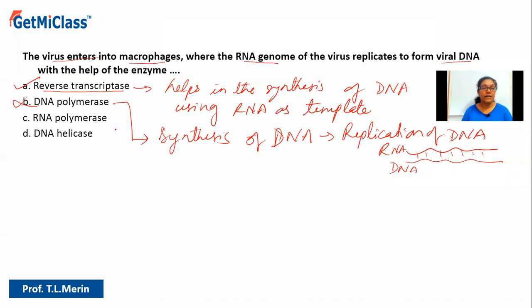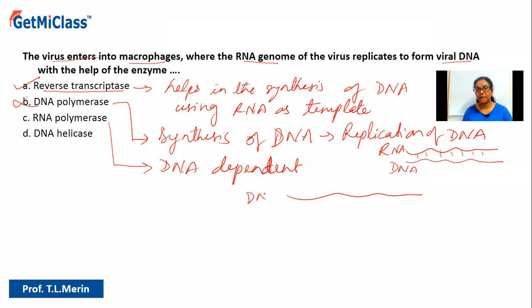Option C is RNA polymerase. RNA polymerase is also an enzyme which is again DNA dependent. DNA dependent in the sense it needs DNA to be used as a template, and that is what will code for mRNA. For example, this is the DNA.